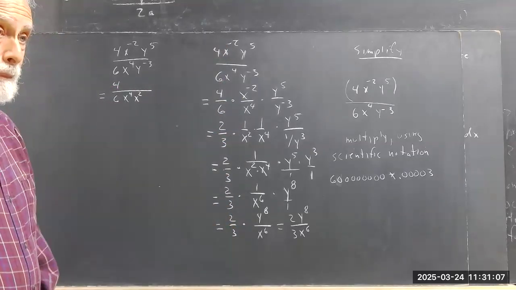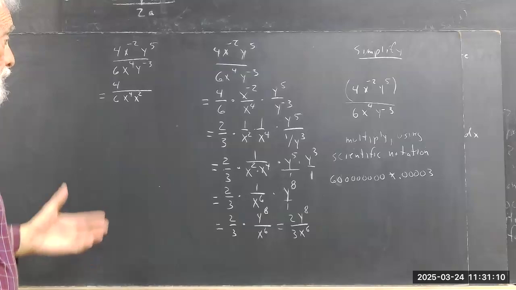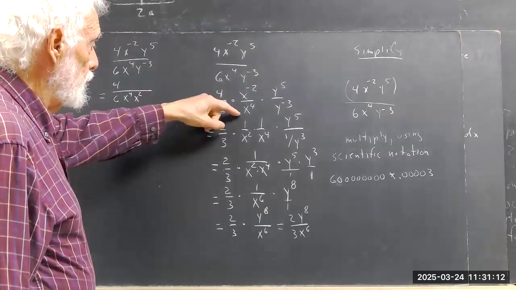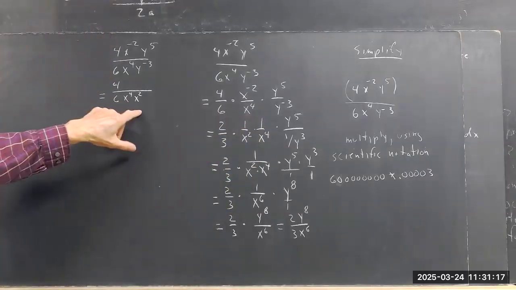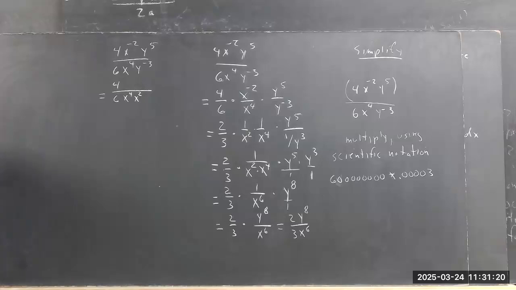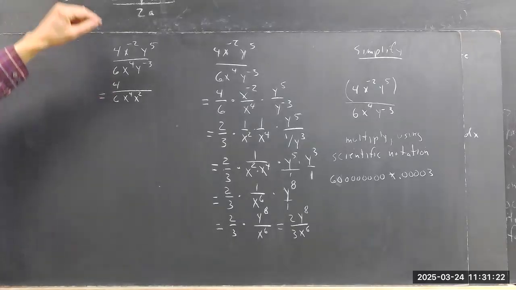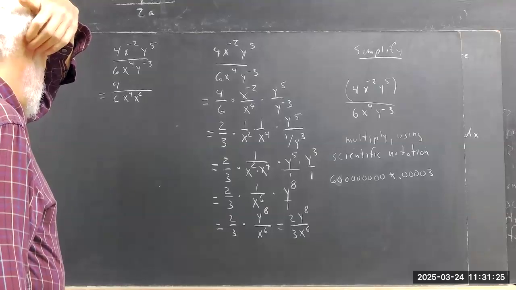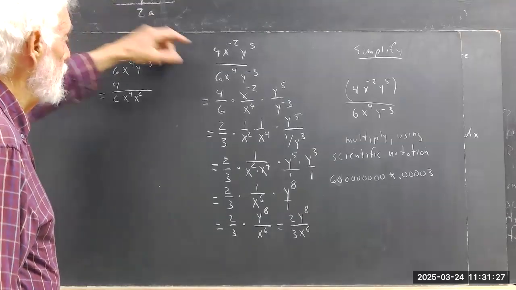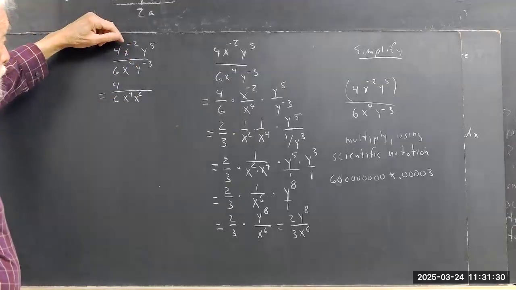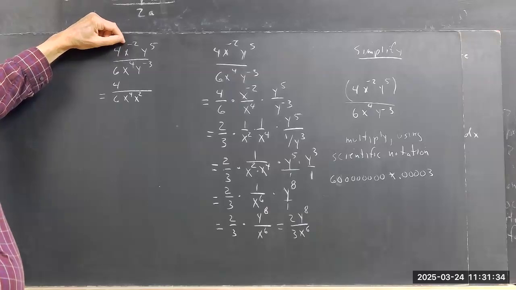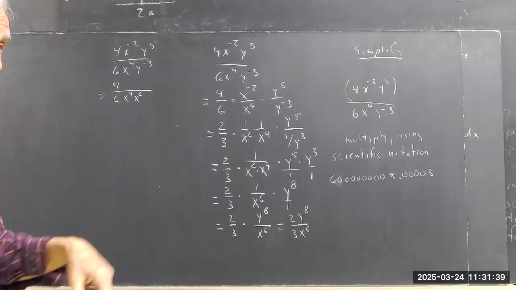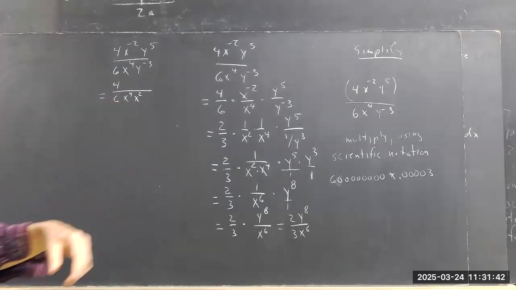The result of writing out the x to the negative 2 is a 1 over x squared, and then multiplying that by 1 over x to the 4th gives us the same thing. So we have to understand why we do that, but if we try to remember what the definitions are, we can bypass that and think that the negative exponent in the numerator is going to give you the positive exponent in the denominator and vice versa.